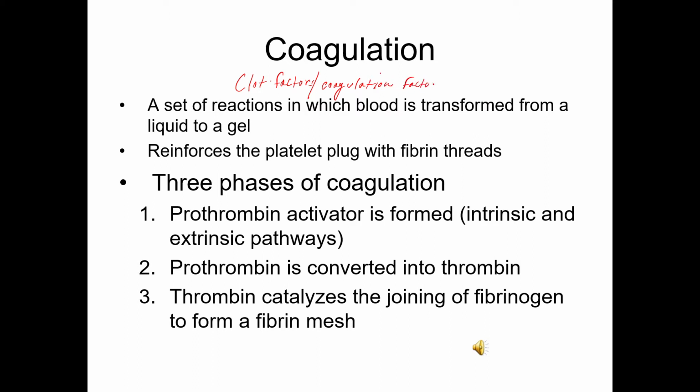Okay, and there are a total of 13 coagulation factors, and we indicate those by Roman numbers. This is factor 1, 2, all the way to factor 13. Okay, and all these factors are involved in blood clot formation.